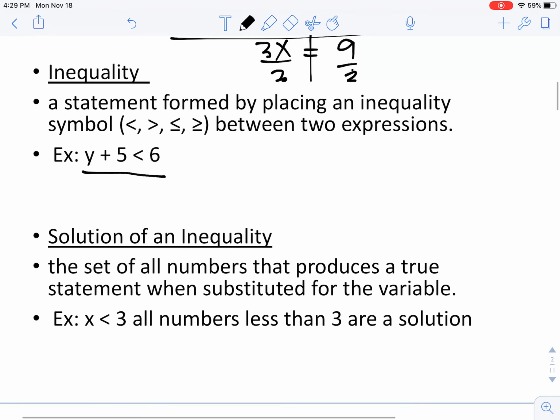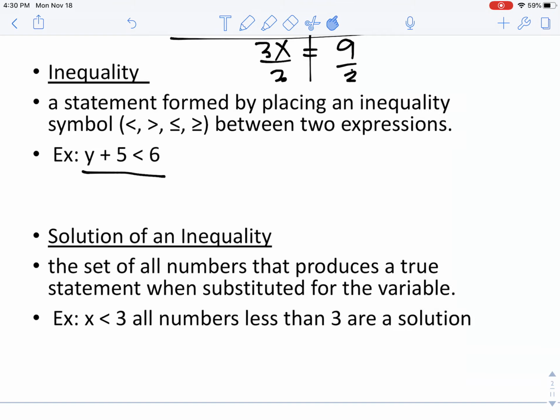A solution to an inequality is the set of all numbers that produces a true statement when substituted for the variable. So, for example, x is less than 3. Well, all numbers less than 3 are a solution. For example, 0 is less than 3. That's true. 1 is less than 3. That's true. So pause and write that down.